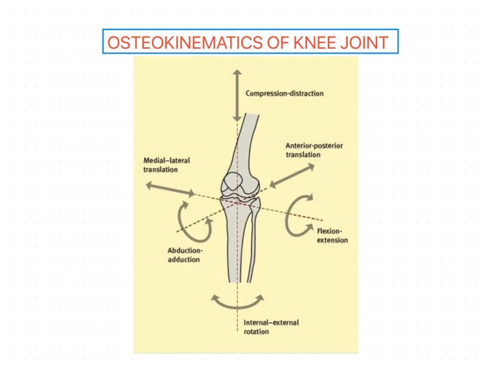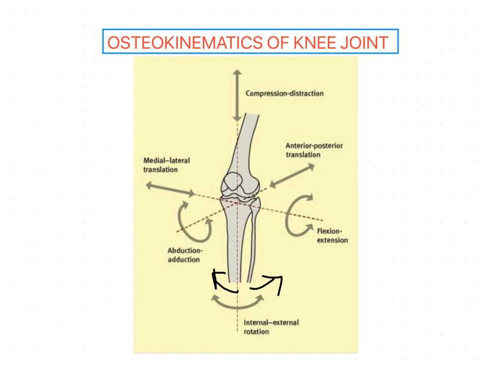The primary motions of the knee joint are flexion and extension, which occur in the sagittal plane about the coronal axis. Another, to a lesser extent, are medial rotation and lateral rotation.